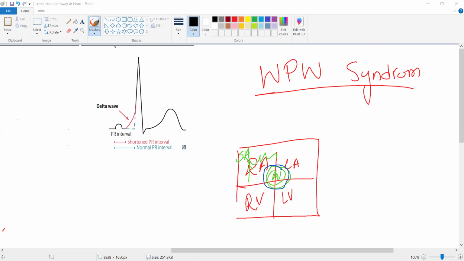This accessory pathway is known as the bundle of Kent. It directly connects the atria to the ventricle, bypassing the AV node.